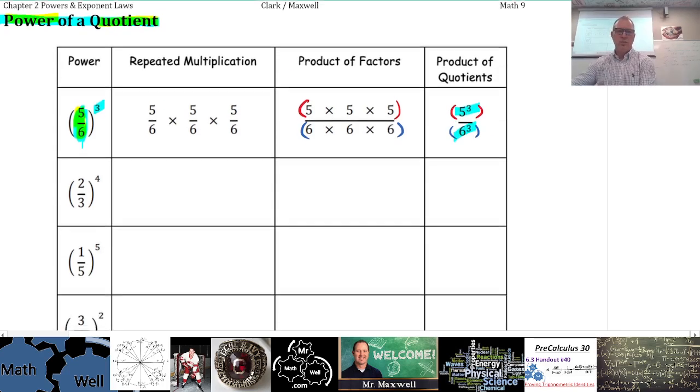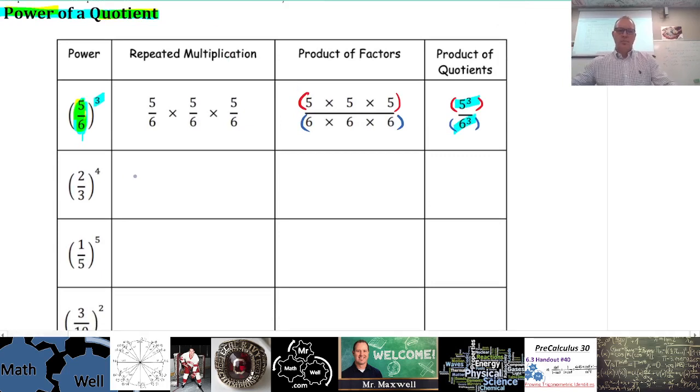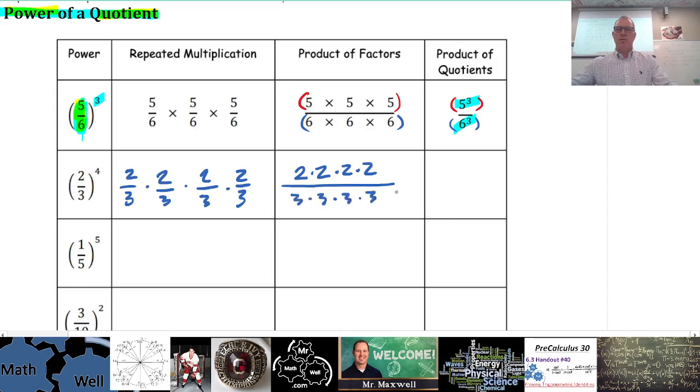So let's do another one. 2/3 times 2/3 times 2/3 times 2/3, 4 times. That can be written as 2 times 2 times 2 times 2 on the top, or the numerator, divided by 3 times 3 times 3 times 3, or on the bottom, the denominator.